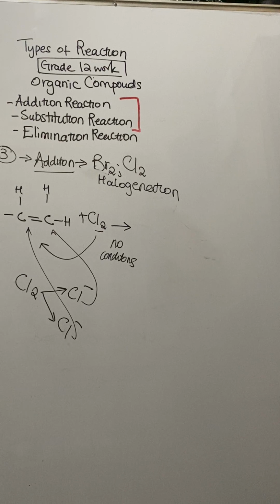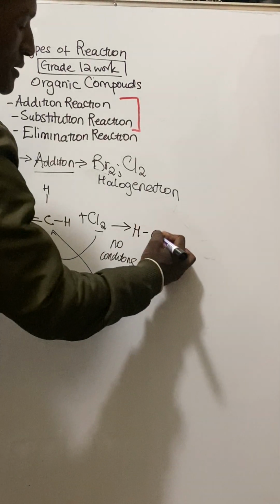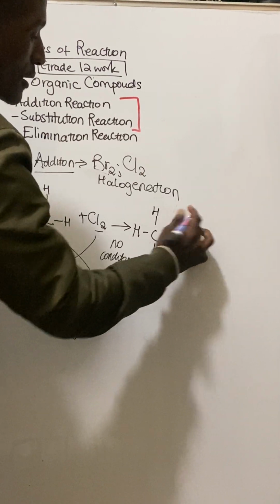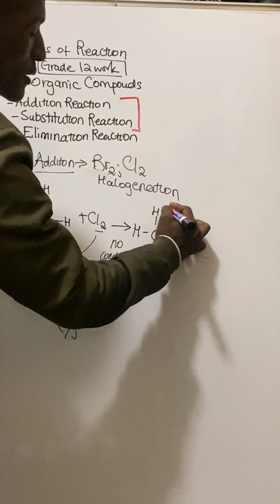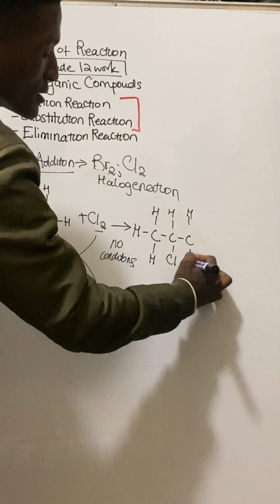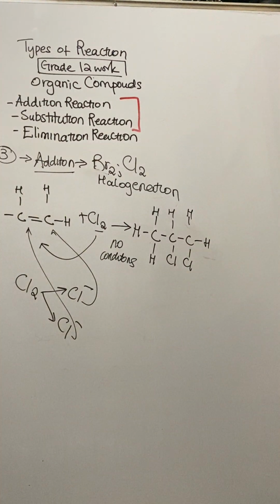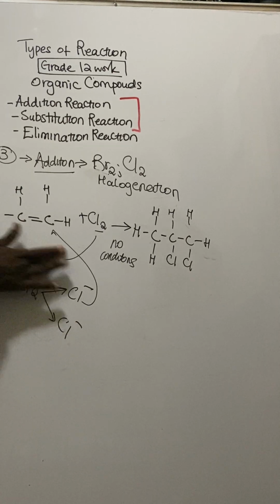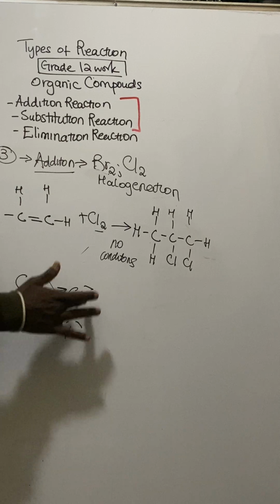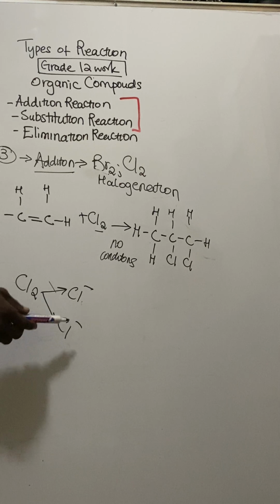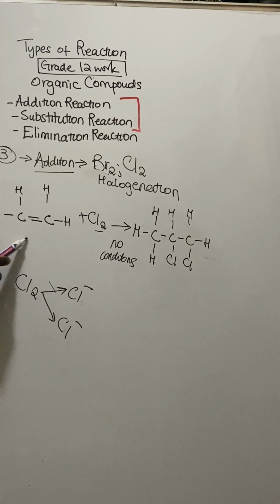What will they produce? They will produce H, C, H, H, C, H with Cl on each carbon. So the vacant space that was here, these two atoms will go and bond there and break the double bond.